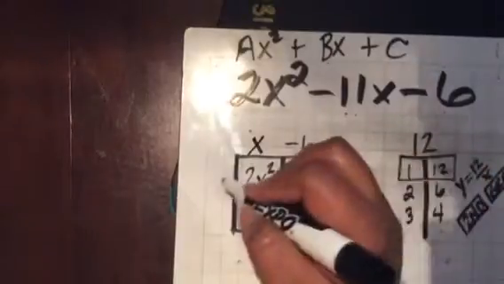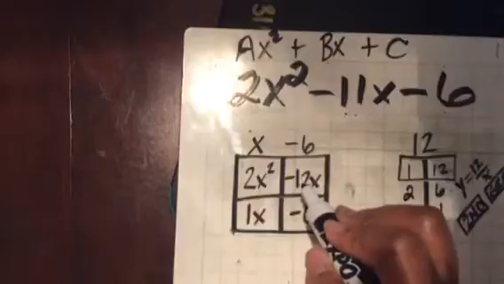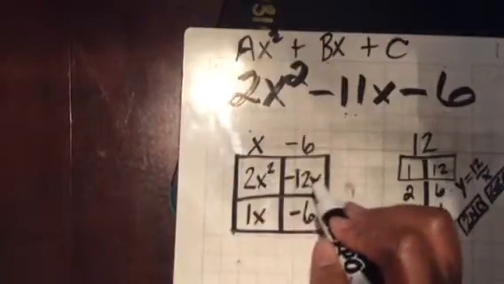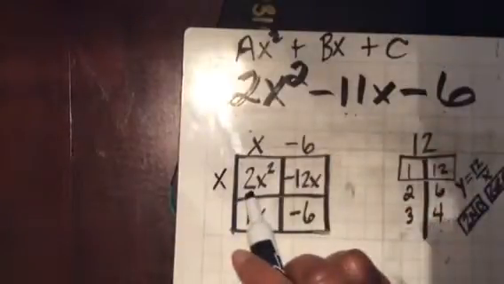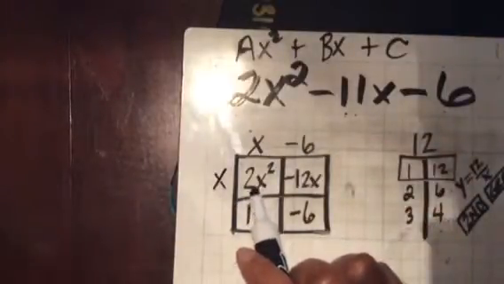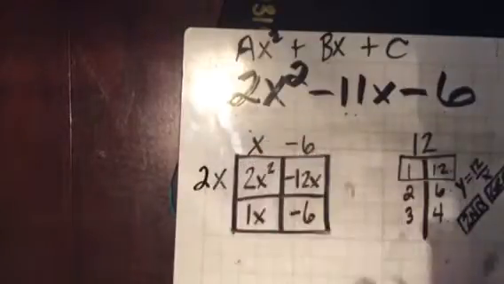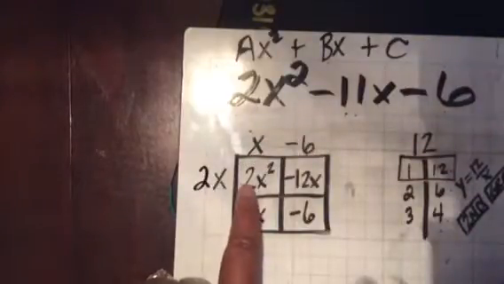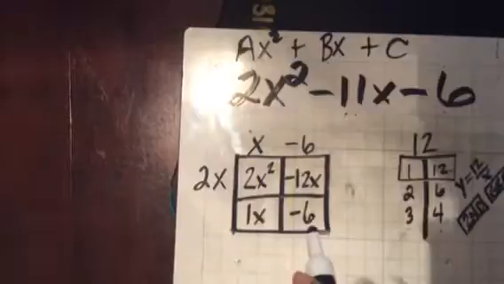All right, let's do this side here. We have 2 and 12, and then we have x squared and x. We know we can pull out an x, and the greatest factor that we can pull out is 2, because 2 will go into 12. This box is positive, so we know that's going to be positive. And 1x and 6.